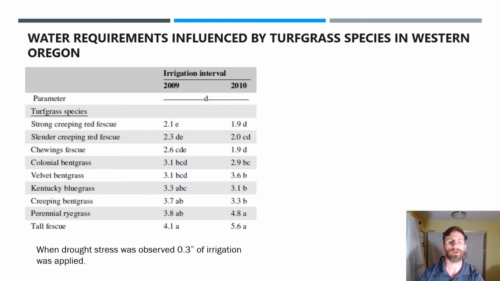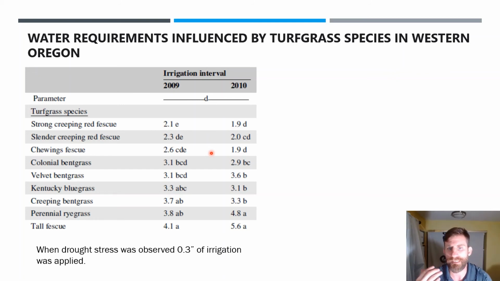Okay, so here we are now looking at results from this project. And what you see in this table here is on the left is the turfgrass species. And in these two columns, these numbers represent the interval between irrigation events. Okay, so starting at the top, you have the turfgrasses that needed the most frequent irrigation, which were strong creeping red fescue, slender creeping red fescue, and chewings fescue.